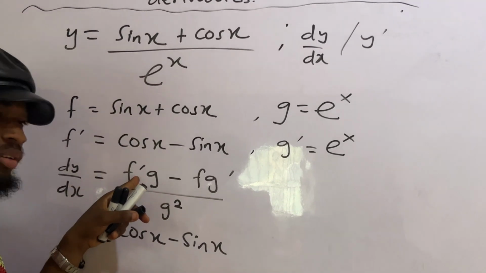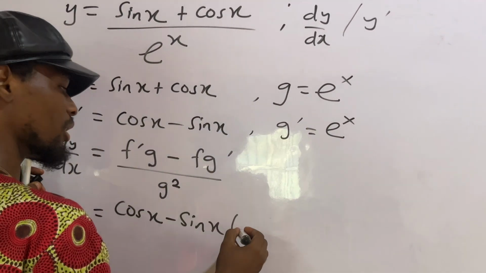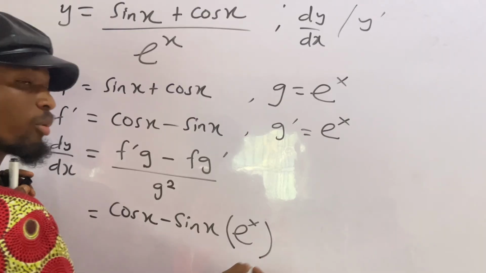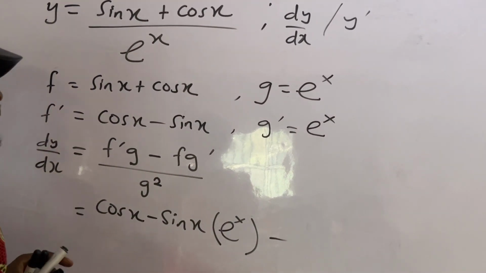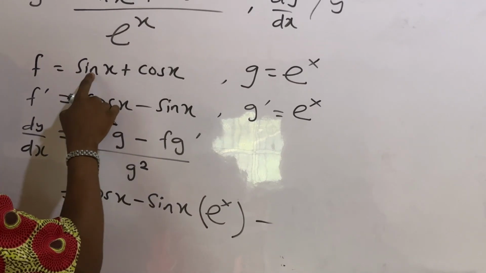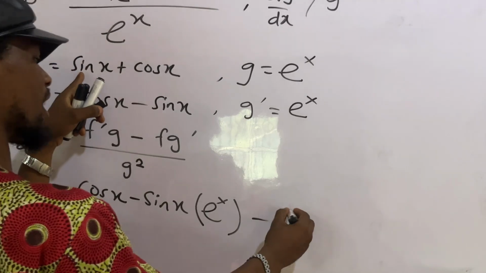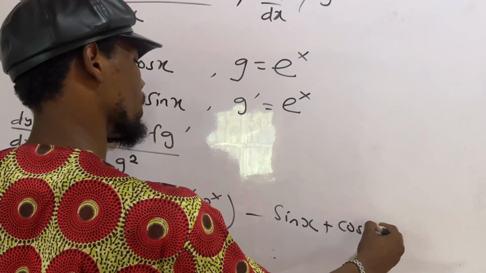That's for f prime. Now multiplying g, where is my g? g here is e to the power x, or exponential x. Then minus f. Where is my f? f here is sine x plus cos x.